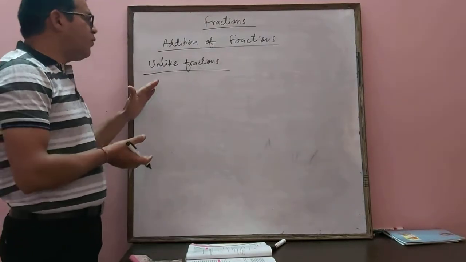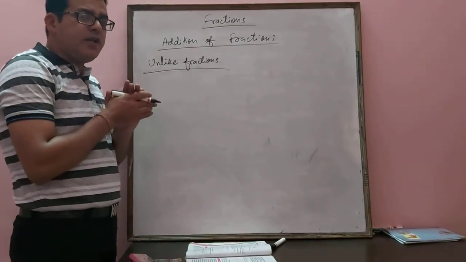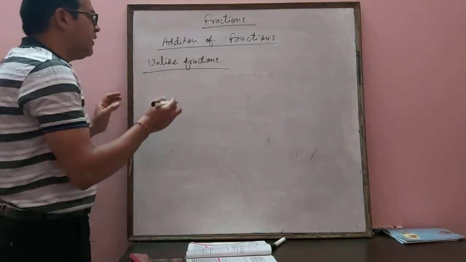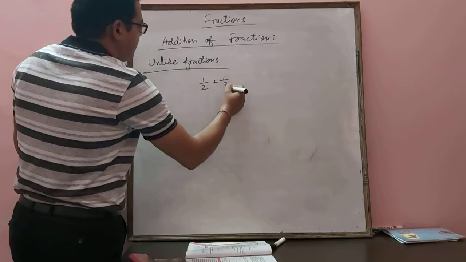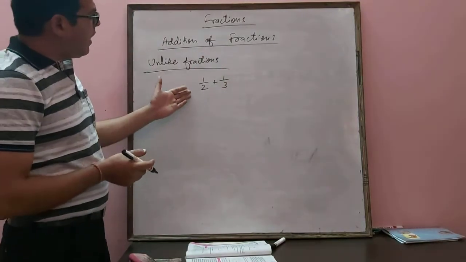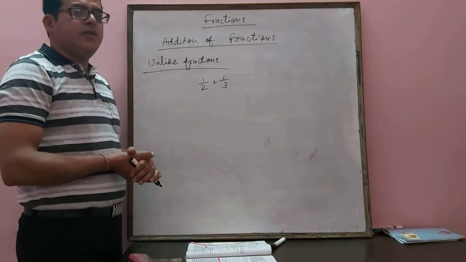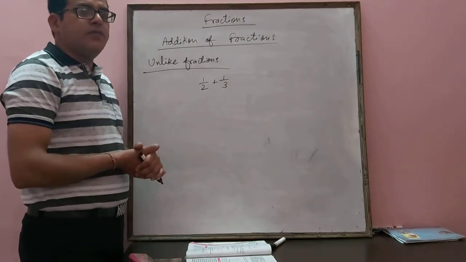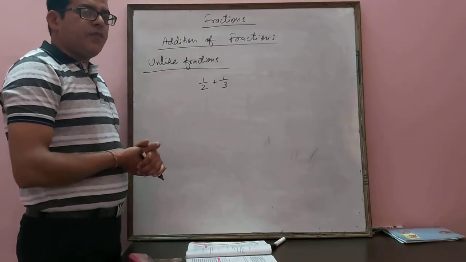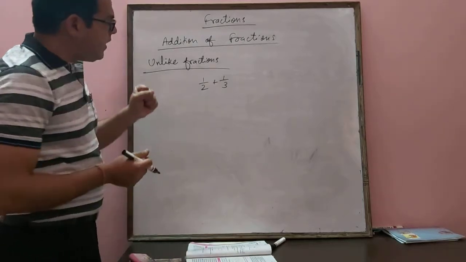Unlike means those whose denominators are different, right? Like 1 by 2 plus 1 by 3. These are unlike fractions. How can we add them?